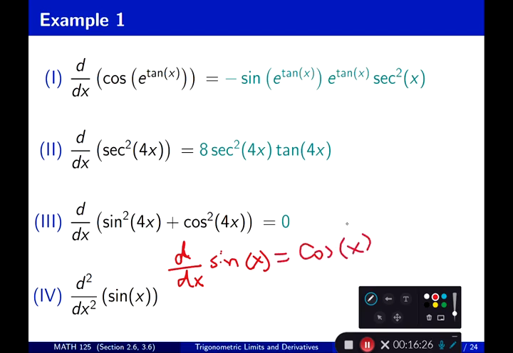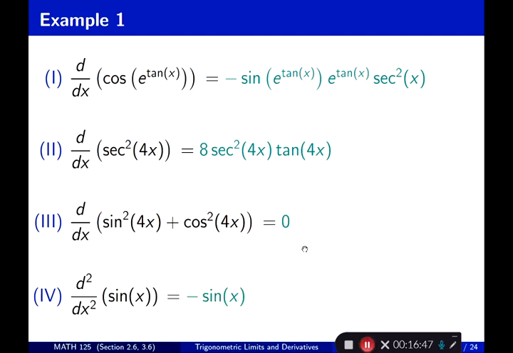So if I take the derivative of cosine of x, I get the answer for this one. And that would be negative sine of x.